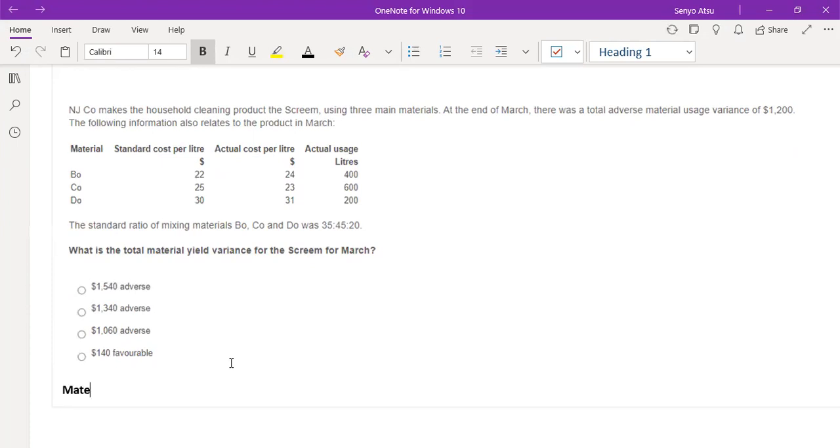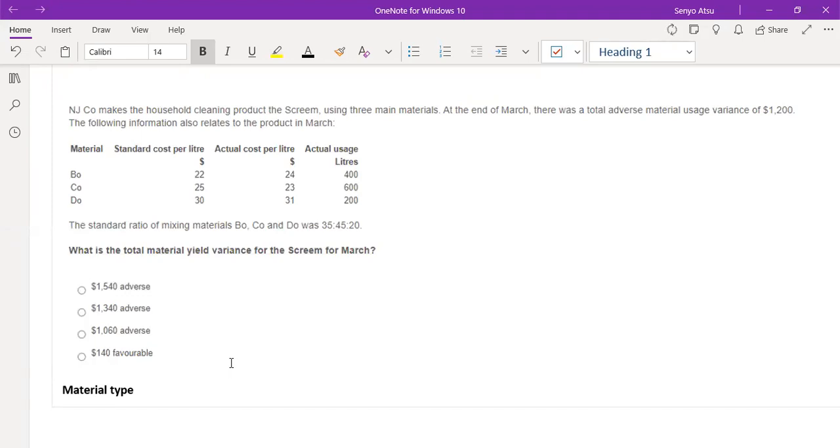Let's recall material yield. You and I have gone through column 1, actual quantity at actual mix at actual price. Column 2, actual quantity at actual mix at standard price.